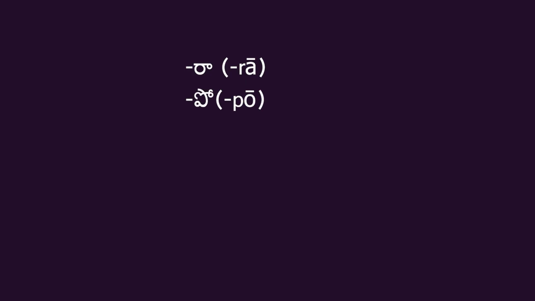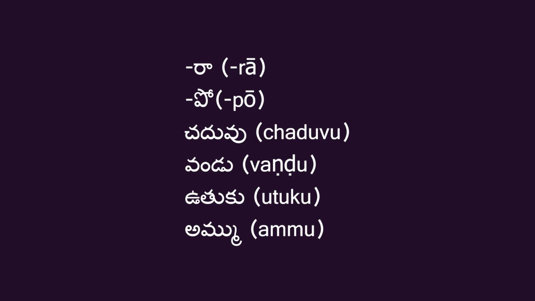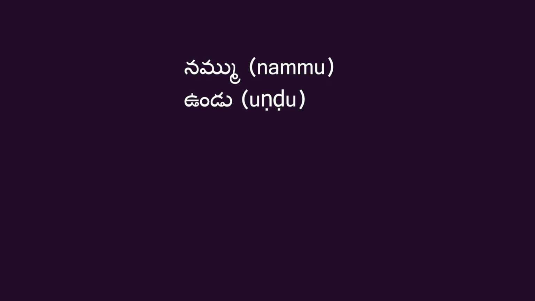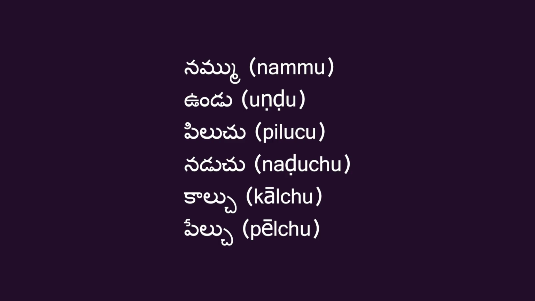On the basis of previously introduced lexical items, we can now construct a coherent and well-organized account of Telugu verb usage by examining their functional and grammatical properties. The selected verbs such as ra, po, chaduvu, vandu, utuku, ammu, nammu, undu, piluchu, naduchu, kalchu and pelchu represent a range of verbal roots that denote everyday actions, cognitive processes and states of being.